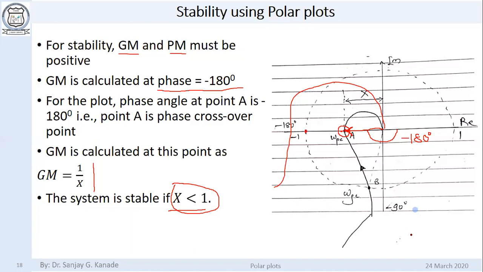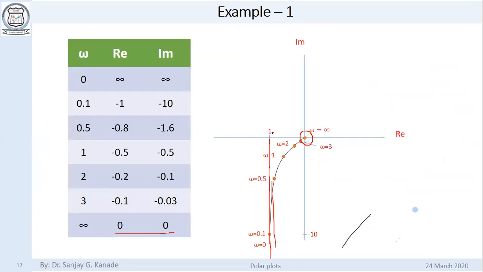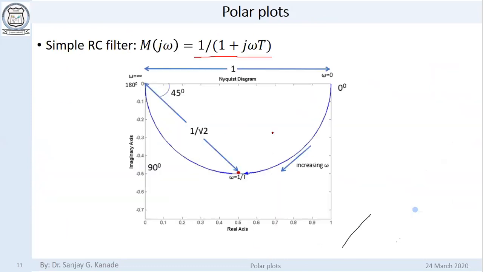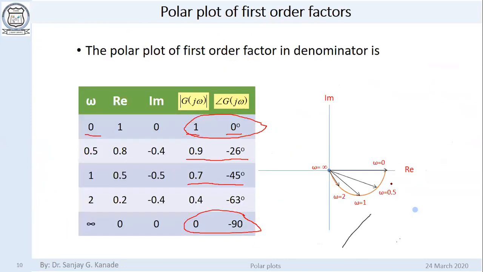As I said, you don't really need to draw the full circle. What is more expected from you is that you have to know the terminal points, the starting point and the ending point, and you should know the basic shape for the factor.